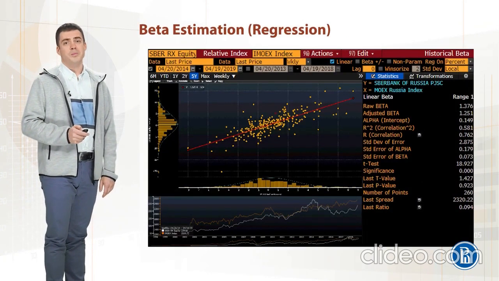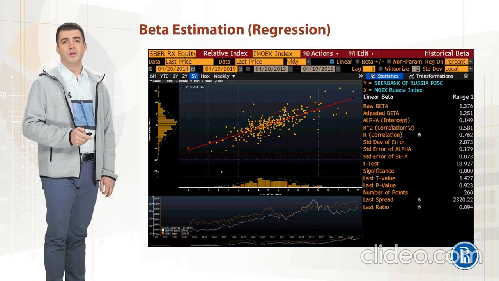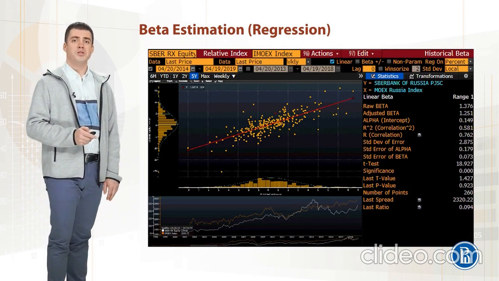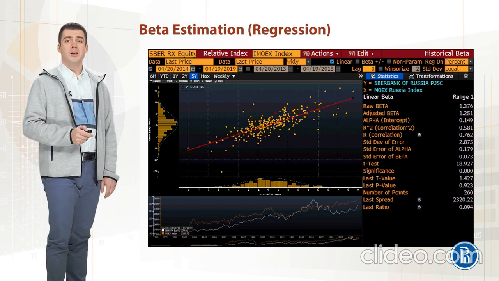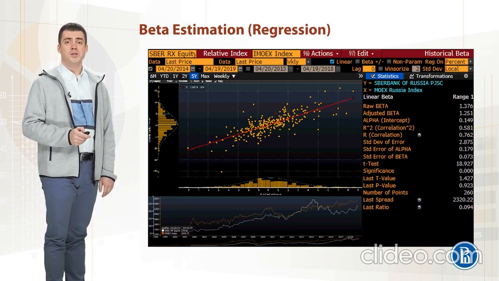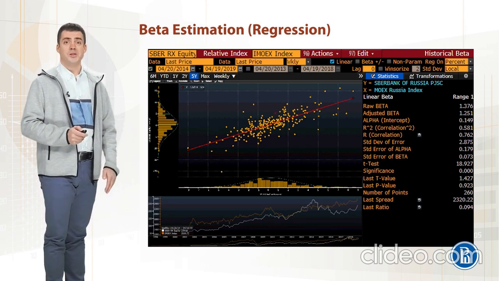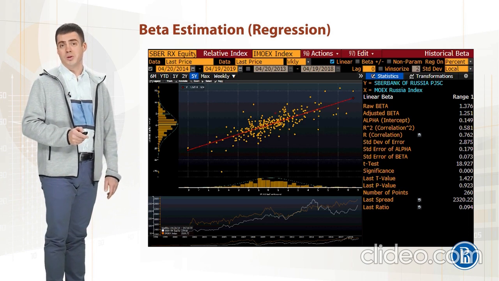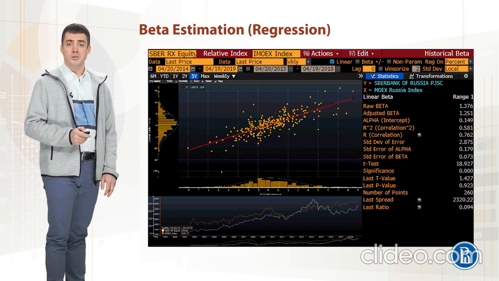The biggest problem in estimating the expected returns using the capital asset pricing model is the estimation of beta. As we can see, the beta coefficient is based on the covariance of the asset returns with that of the market return. Or, in other words, it can be identified by using a linear paired regression.